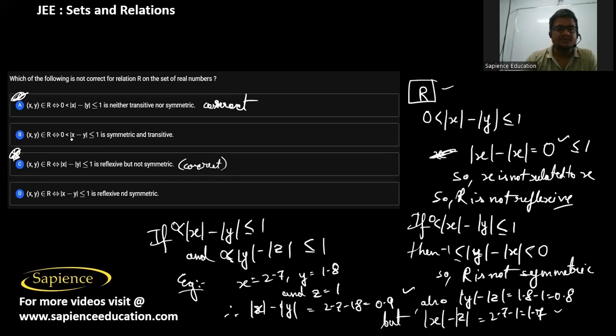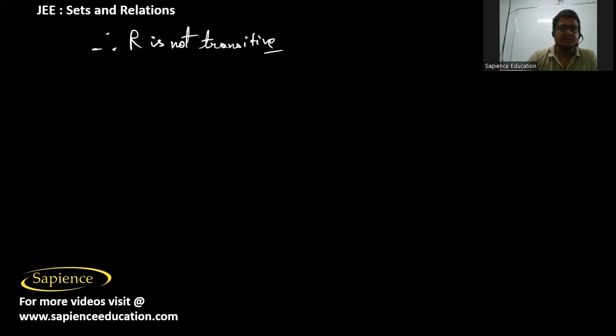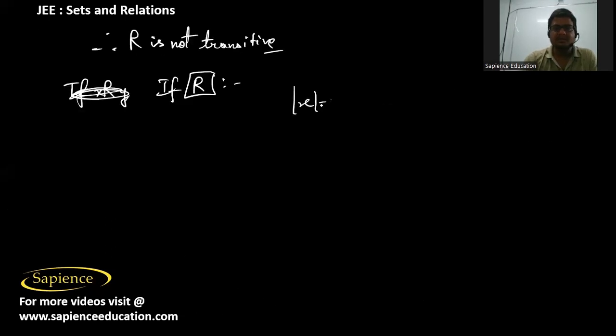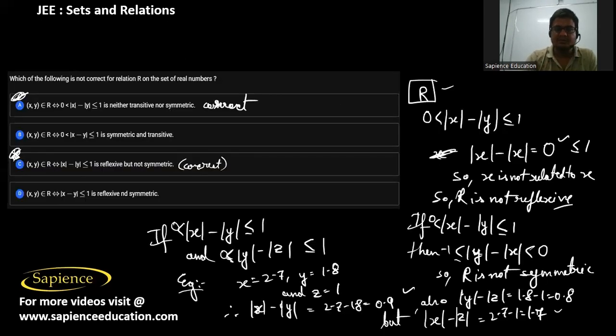Now for options B and D we have to check. If the relation R is like this, that is, mod of x minus y is from 0 to 1, is symmetric and transitive.